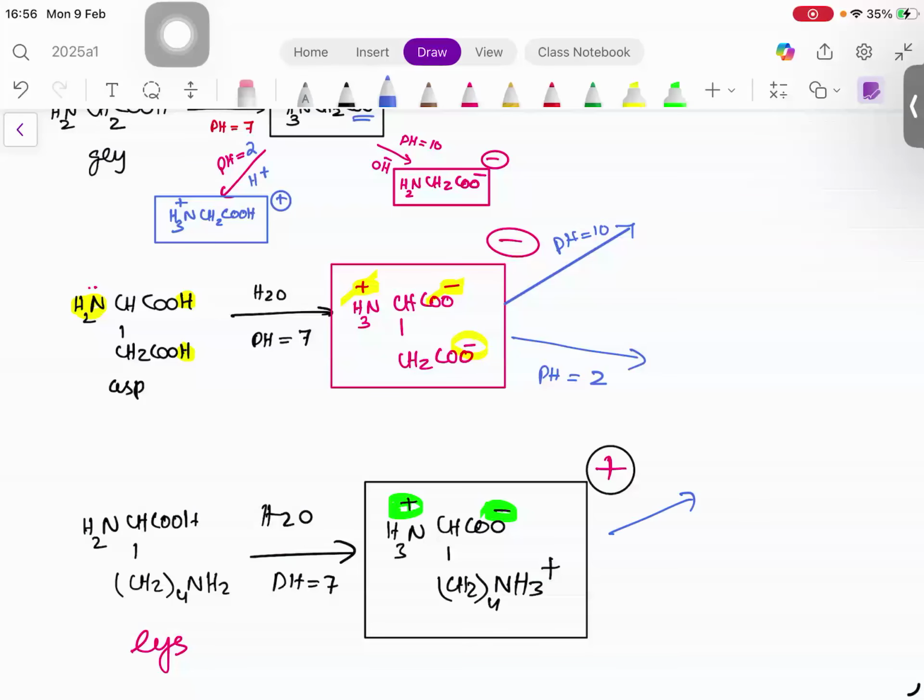Similarly, what will be the structure of lysine at pH 10 and at pH 2? I can tell you pH 10 means OH has been added, pH 2 means H positive has been added. Sir, H plus will attack one COO negative, and will attack the other one as well, on both of them.